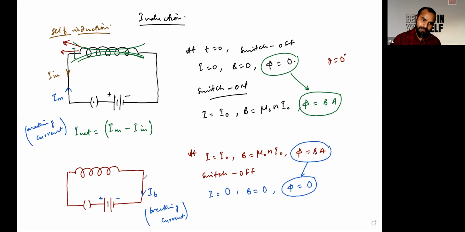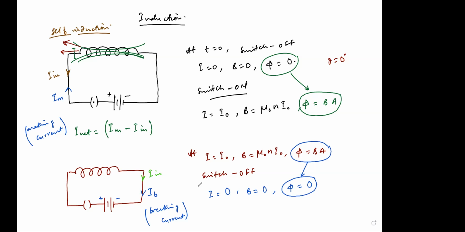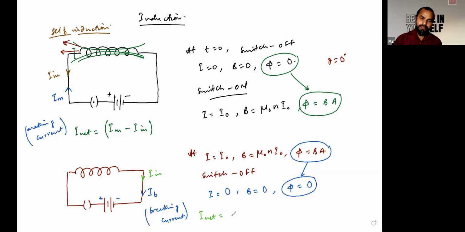Due to this concept, a current will get induced along the same direction like this. Is it clear? Yes, sir. Now, if you calculate the net current flowing in this loop, it would be I breaking plus I induced.